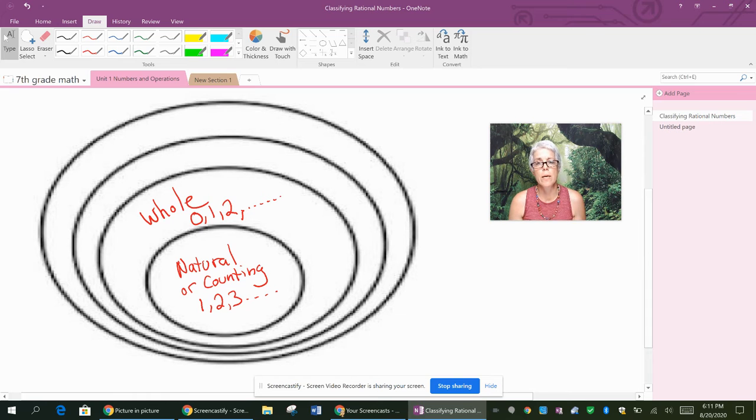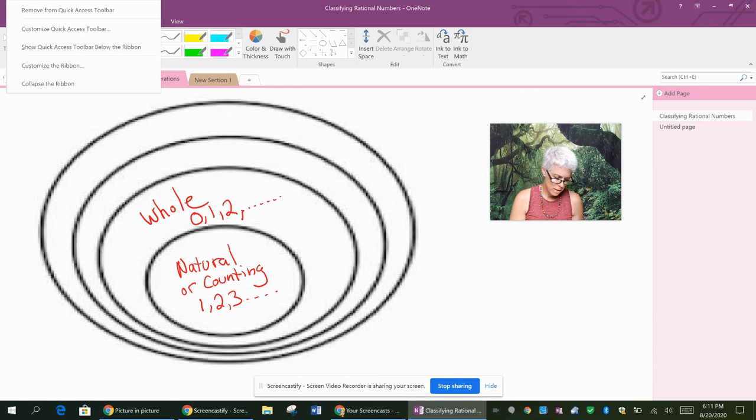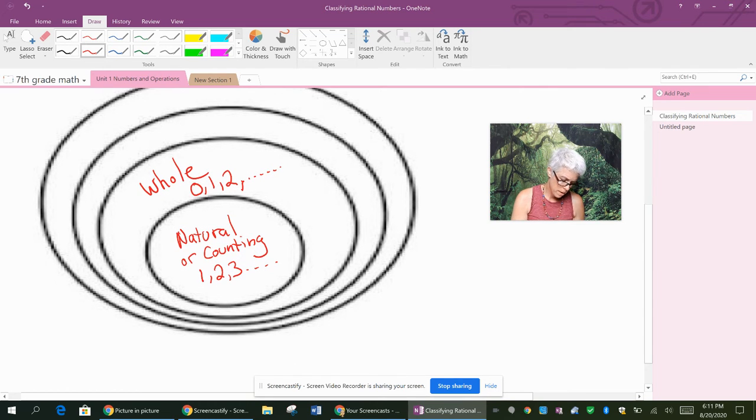Now, when you were in elementary school and your teacher started to teach you about negative numbers, she would always say integers. But actually, integers are all positive and negative whole numbers. So I'm going to write the word integer if I can. Sometimes my pen does weird things.